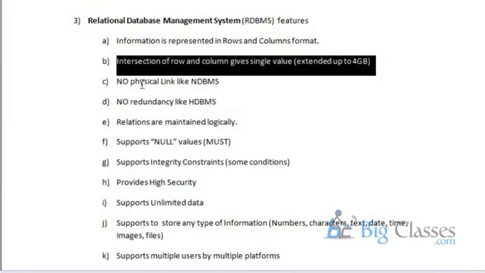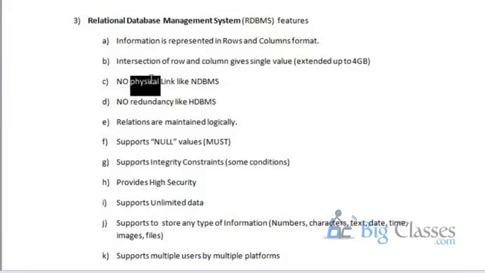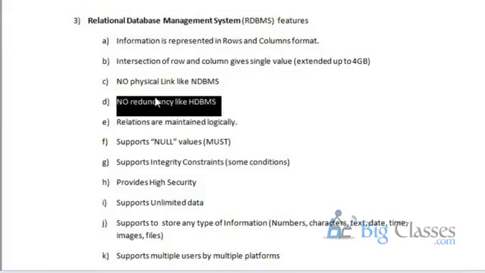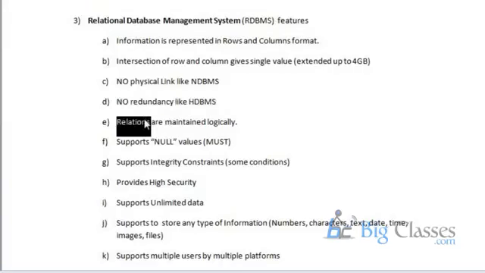Like the network model, there are no physical links. Data redundancy is also reduced, that is, there is no redundancy in RDBMS. Then relations are maintained logically. Then it supports null value.